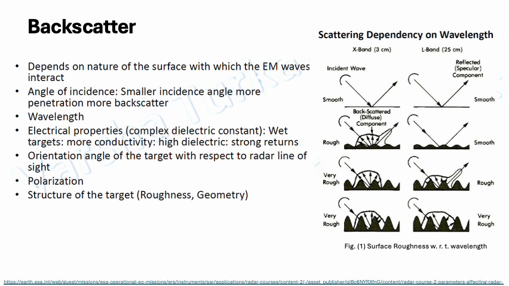So, now you must have understood that it's very difficult to comment on what kind of energy is better for what type of target. We are talking about the polarization, the wavelength, the electrical properties of the target, the physical structure of the target, and the incidence angle. There are so many parameters you have to take into consideration before commenting on any result.